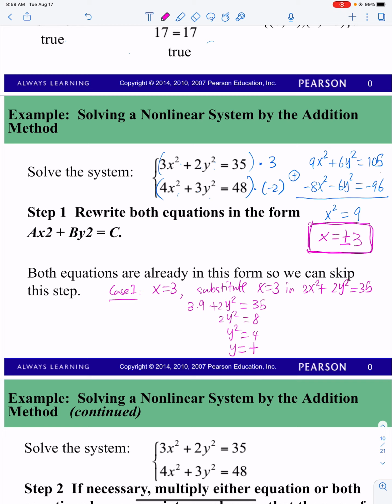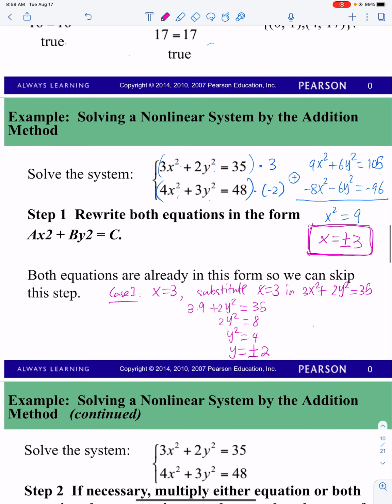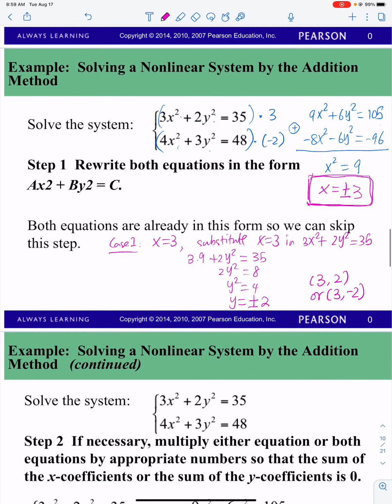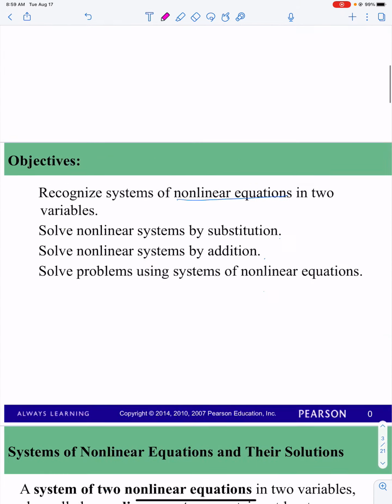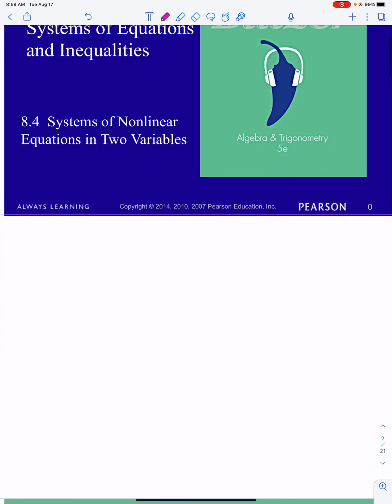Plus or minus 2. Are you with me? So what are the points? (3, 2) or (3, negative 2). Are you guys with me? So this is case 1. Okay, this is very important, and I will need a blank page.